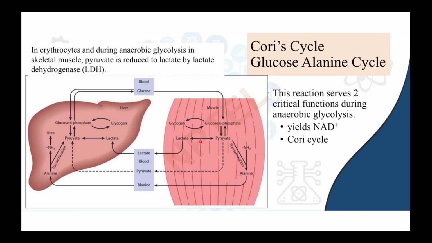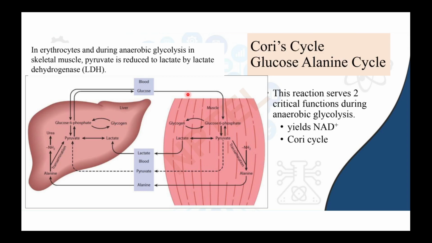So here you can see, during anaerobic glycolysis, or in the absence of oxygen, when you're doing exercise, the oxygen levels are not in coordination with the requirement by the body. Okay, so in that case not all glucose molecules that are getting converted into pyruvate can enter the oxidative phosphorylation, because oxygen is not there as the terminal electron acceptor.